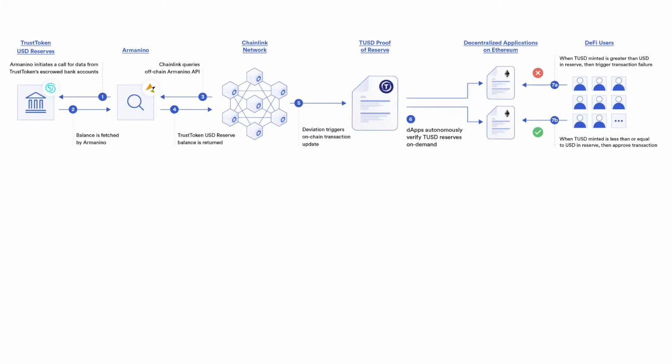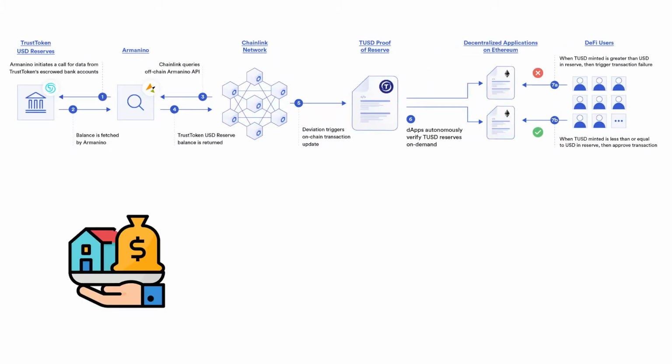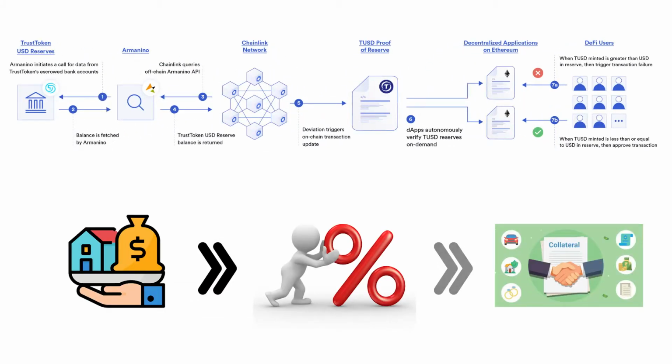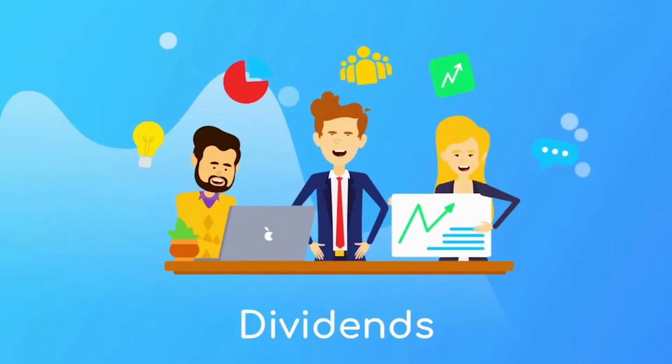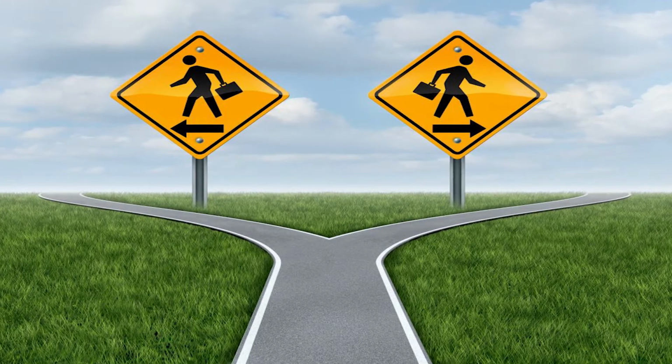These DeFi applications use Chainlink to price assets, access interest rates, verify collateralization, and more, which enable these products to perform functions like issue a loan at fair market value, automate the issuance of dividends, and settle an options contract.